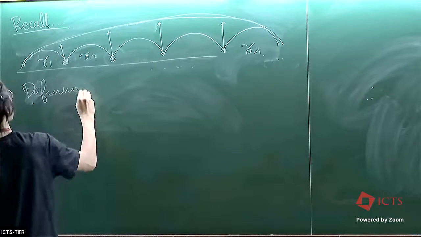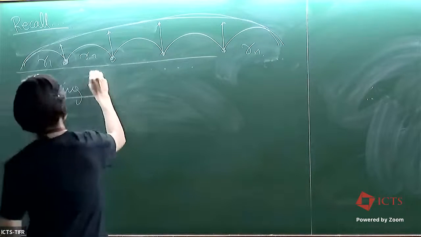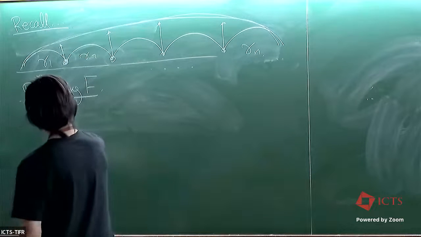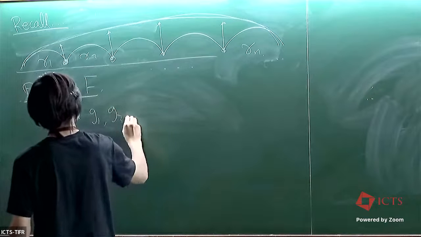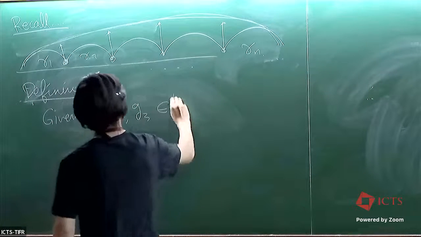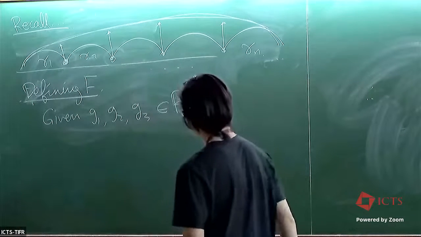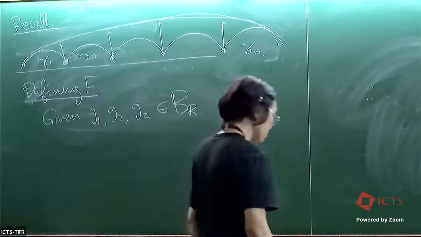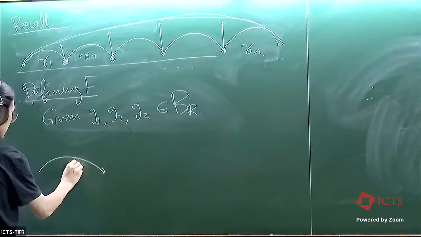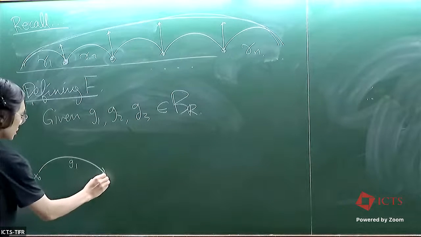Defining F. So given, let's say, g1, g2, g3 in B_R, we declare another group element as follows. So here is g1 x0.